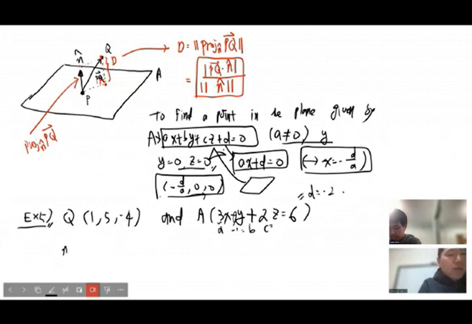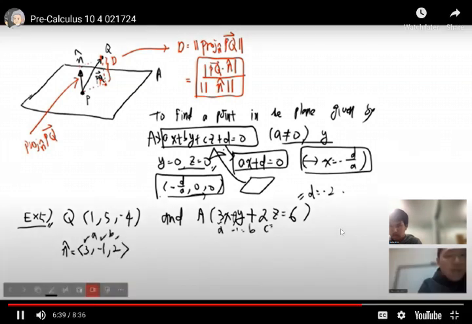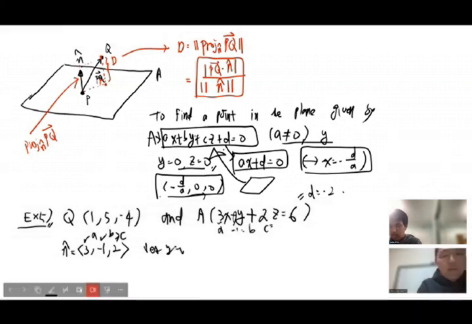From that, the normal vector, based on its definition, is (3, minus 1, 2), that is A, B, C. So now let Y equal 0 and Z equal 0. Then that should be 3x equals 6, so x is 2. So the point on that plane A should be (2, 0, 0).